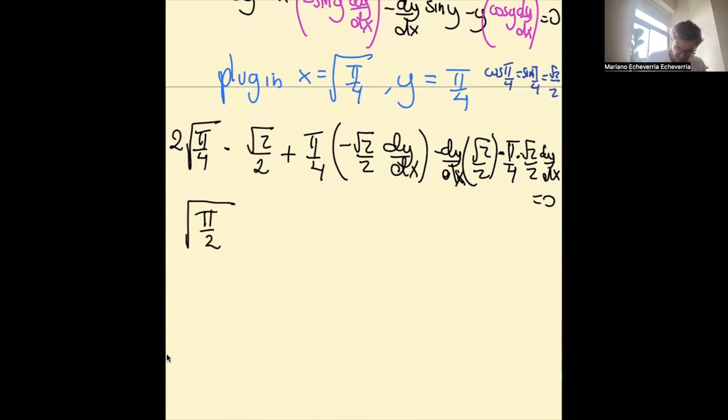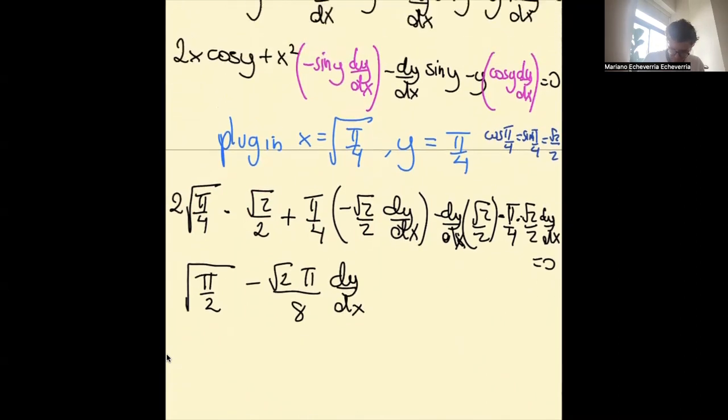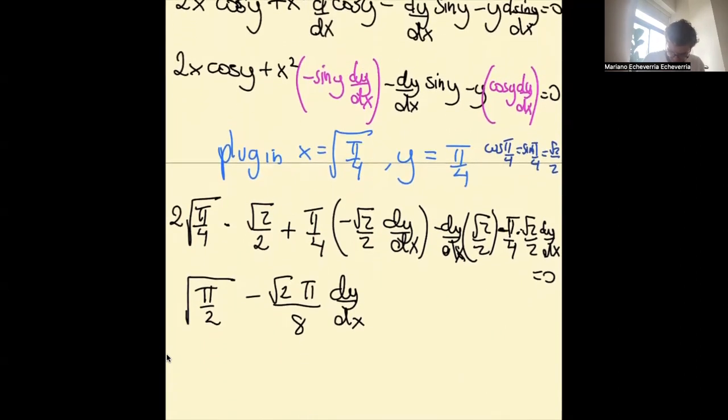And then this 2 combines to minus root of 2 pi over 8 dy dx, and then minus root of 2 over 2 dy dx, and then these also combine into minus root of 2 pi over 8 dy dx.